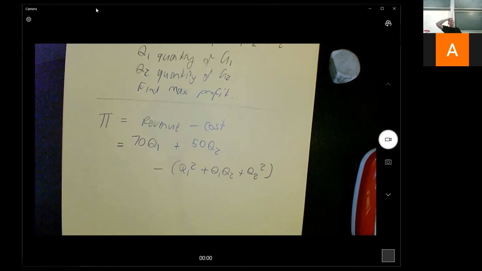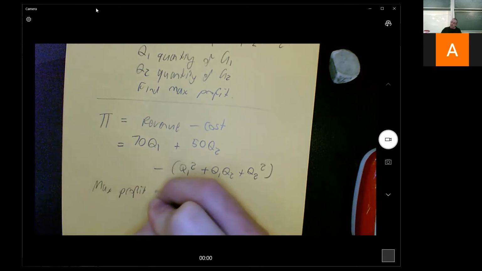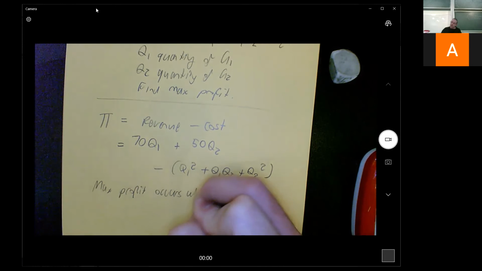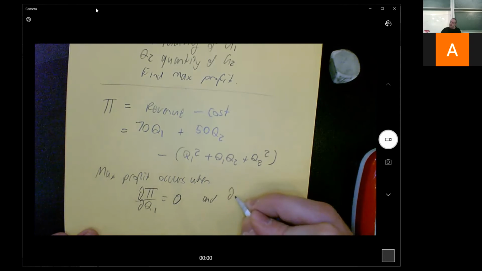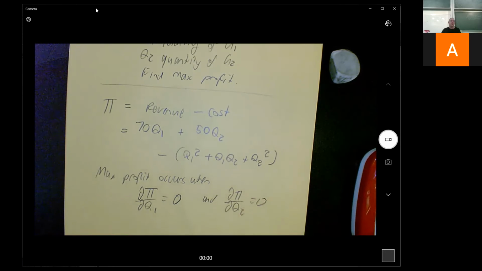So the maximum profit should occur when the derivative is 0, but there's 2 derivatives that have to be 0, both at the same time, because there's 2 variables here. So I need both partial derivatives to be 0. So the maximum is when that is 0 and that is 0 at the same time.